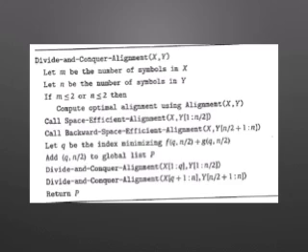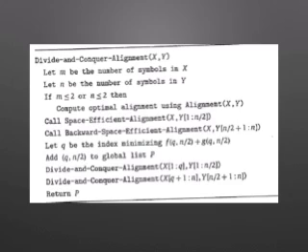Divide-and-Conquer-Alignment(x, y). Let m be the number of symbols in x. Let n be the number of symbols in y. If m is less than or equal to 2 or n is less than or equal to 2, then compute the optimal alignment using Alignment(x, y).